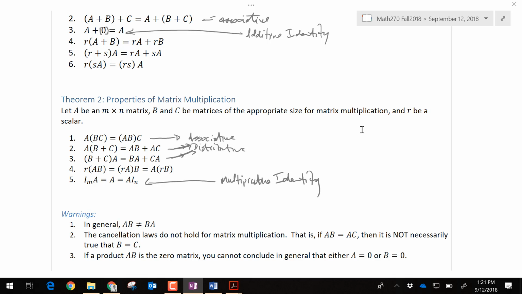Turns out that with these vectors or matrices, you can't just switch the order. Switching the order will give you different results. So when you switch the order of A and BC and BC and A, they're different.